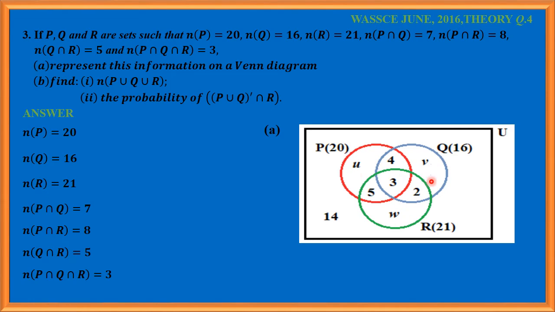So I have U, V, W, to represent P only, Q only, and R only respectively. Then this particular 14 here, we consider it was not given in that question. Where is it coming from? We'll look at that.